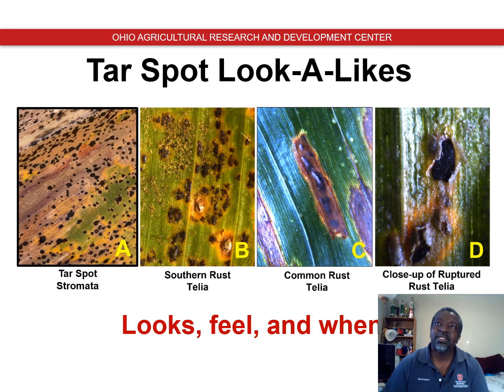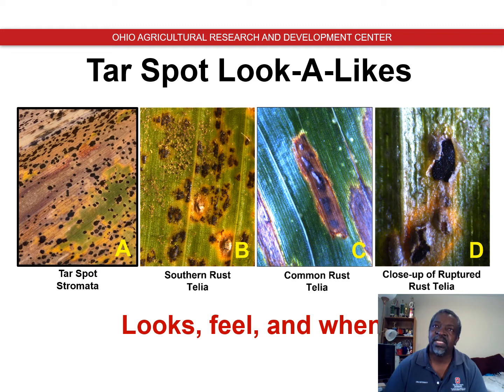Tar spot is often confused with other diseases. I've had samples come to my lab with people thinking that they have tar spot. When we looked at the lesions, we realized that it was rust. And here we've got two rusts that are common in Ohio, southern rust and common rust. If you look at these very closely, they produce black structures on the leaf that can be confused with tar spot.